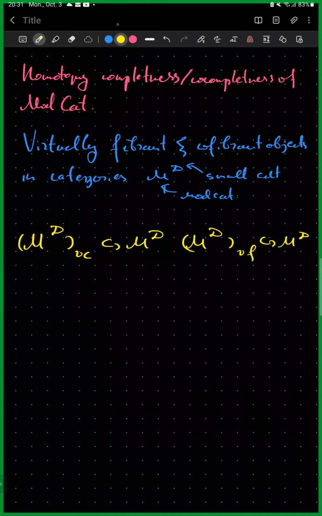So first we start off with the notion of restricted Δ(D) and Δ(D)^op diagrams.